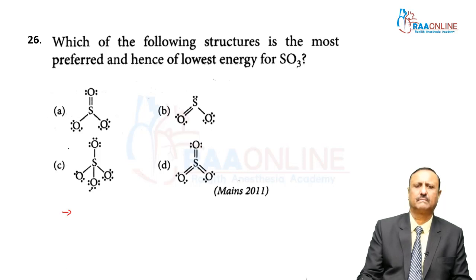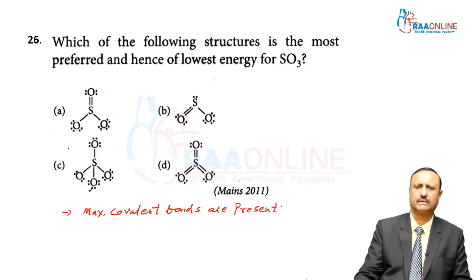You can see the maximum covalent bonds are present. Those structures are most stable in which maximum covalent bonds are present. So, my dear friends, 2 plus 2 plus 2, 6 covalent bonds are present. That is why it is the most stable structure and lowest energy structure.